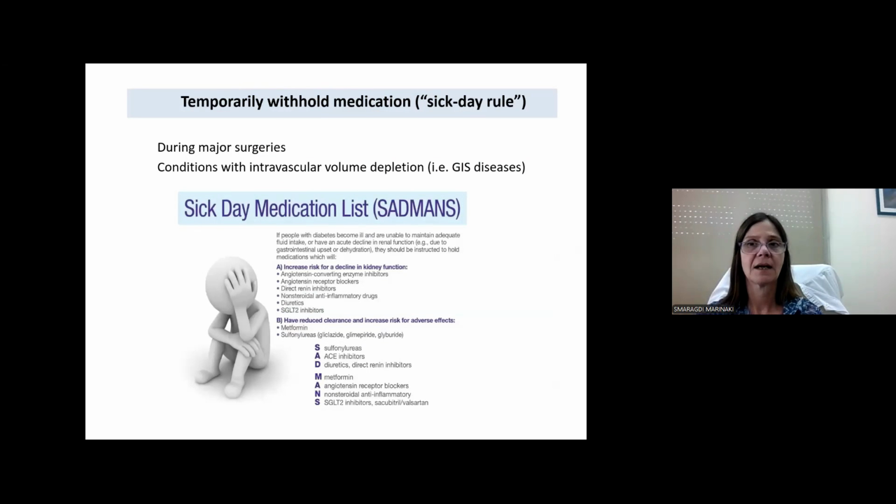And coming to my last slide, I would just say do not forget to advise our patients to temporarily withhold all those drugs if there are conditions with intravascular volume depletion or during major surgeries, because they all have the net effect of lowering intraglomerular pressure, especially in the beginning.